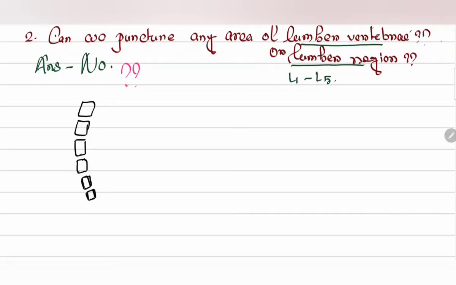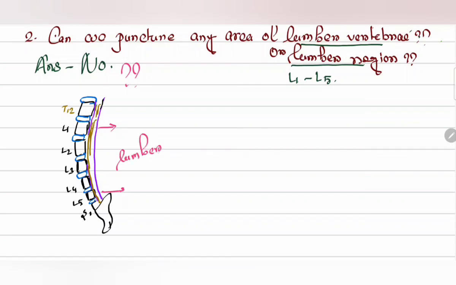Let's describe. For that, I try to draw the lumbar vertebra. Let's start. This is T12, this is L1, L2, L3, L4, L5 and S1. This L1 to L5 area is the lumbar region.